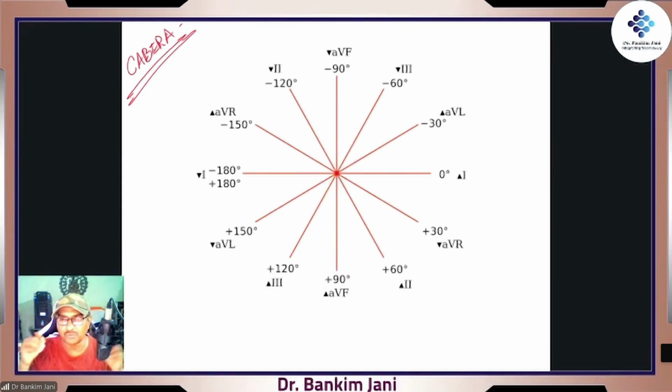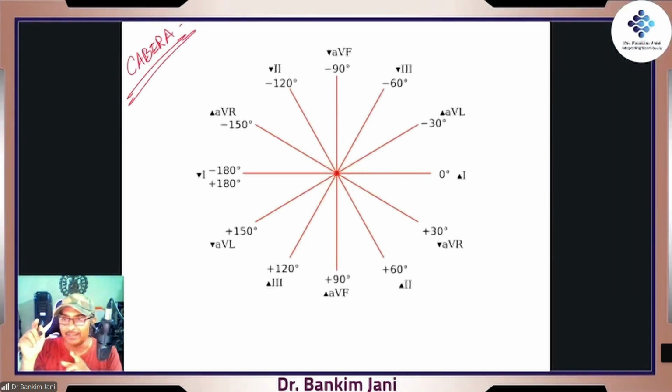You have to draw this so many times that even if I randomly ask what is present at 60 degrees, you should say without any confusion that it is lead 2. It should really go to that level, because it will be very helpful for the diagnosis, because we'll be able to see all the rotations.